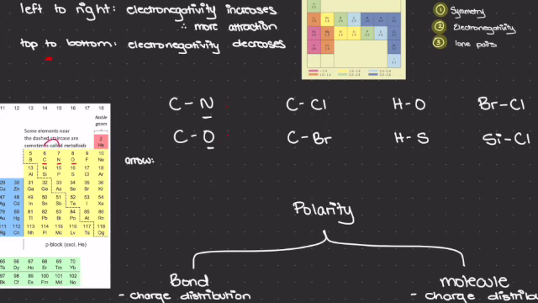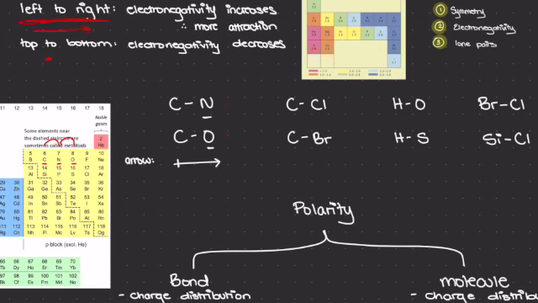This is a different group and this is a different group, right? So let's go back to the first rule. What does it say? When we're going from left to right, electronegativity increases. So therefore, how is our arrow going to look? Our arrow is going to look like this. All right, done.